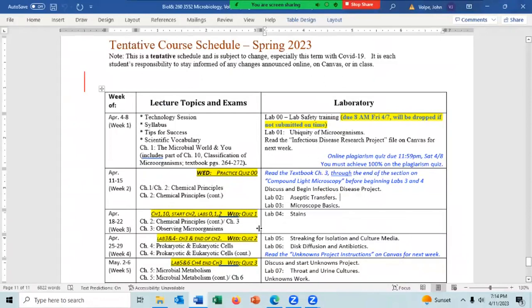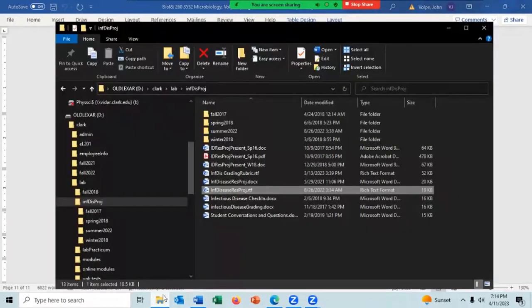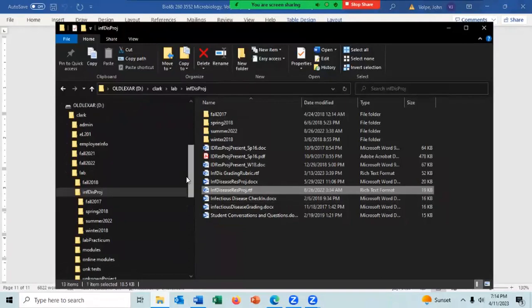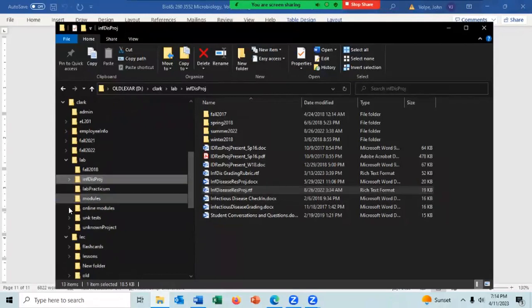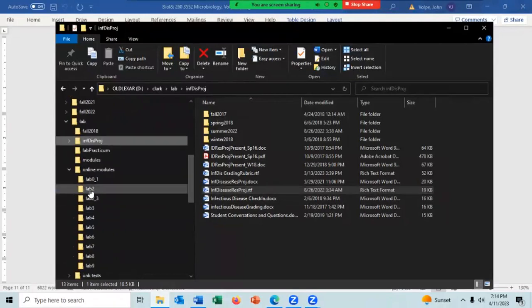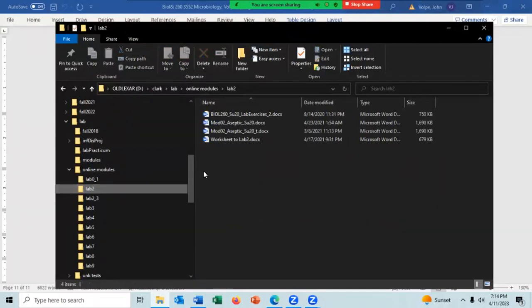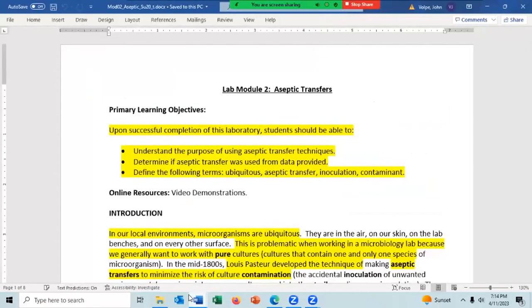So let's talk about lab 2, and I'll try and be quick about this. Hopefully I didn't move that one. There we go. Oh, didn't get it.